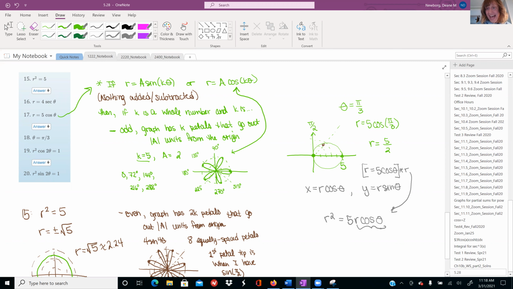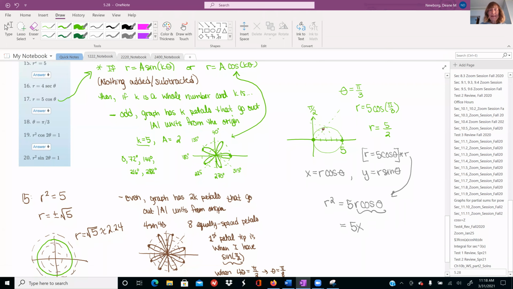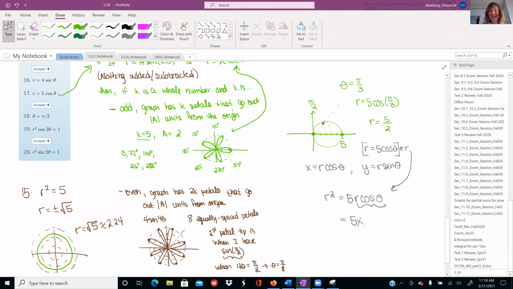Well, this part, that is x. And then remember, r squared in the polar coordinate system takes the place of x squared plus y squared. So if you're more comfortable looking at that, it's kind of a trick to know to multiply both sides by r.